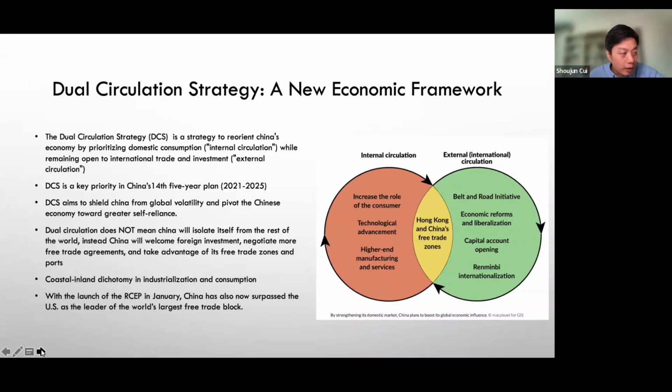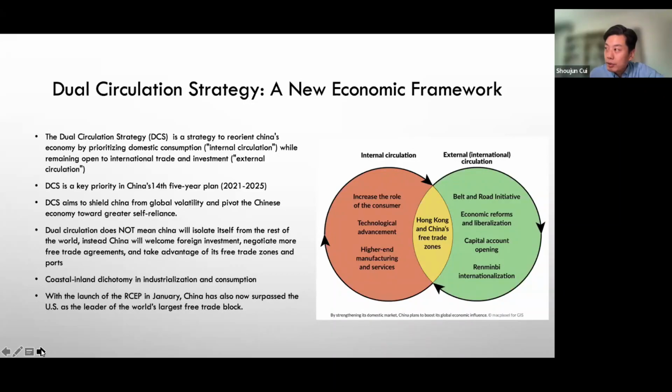The new normal means that China's economy will not grow at a two-digit speed as it did in the last 3 decades, particularly the last 2 decades.